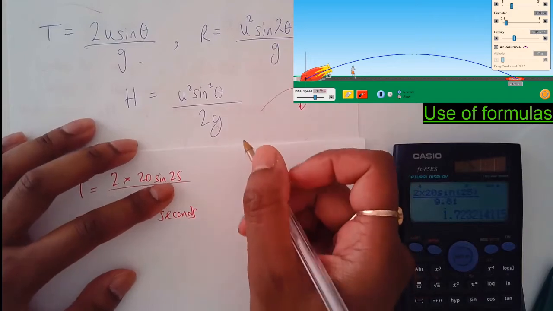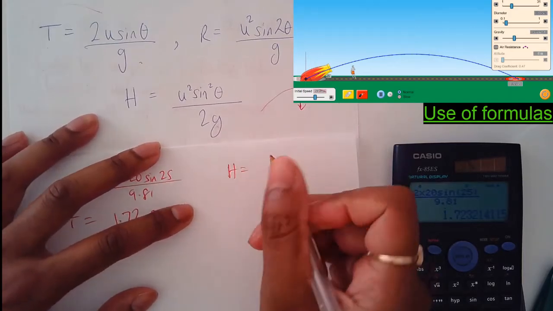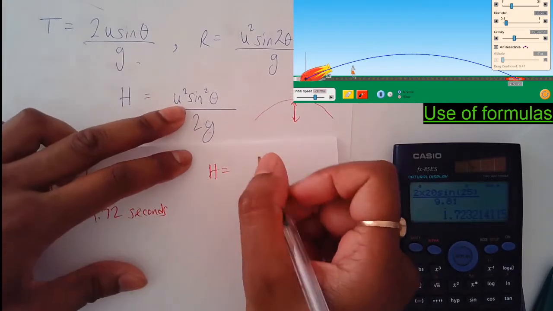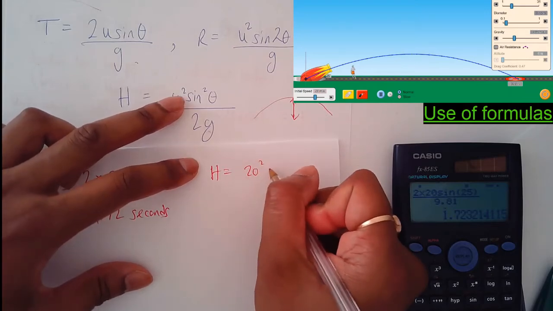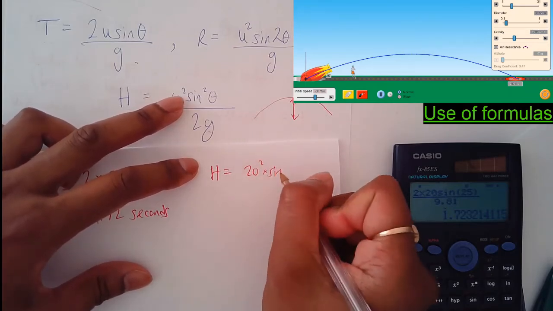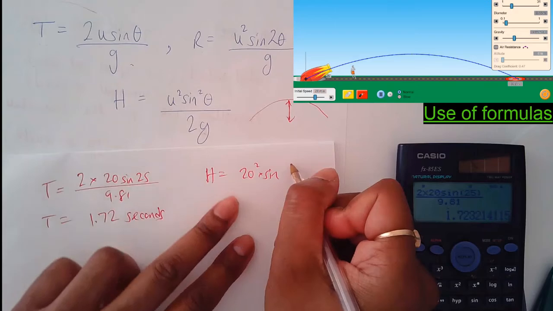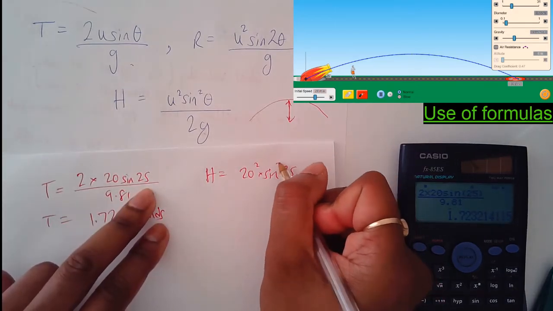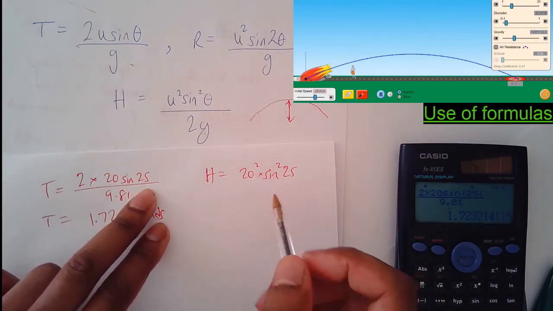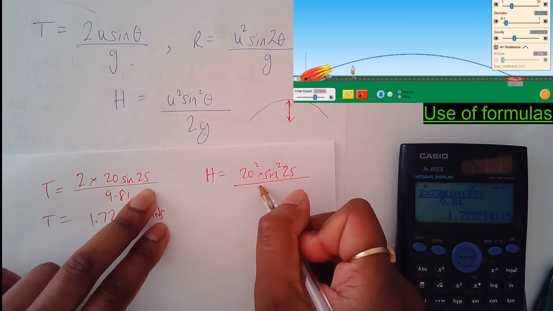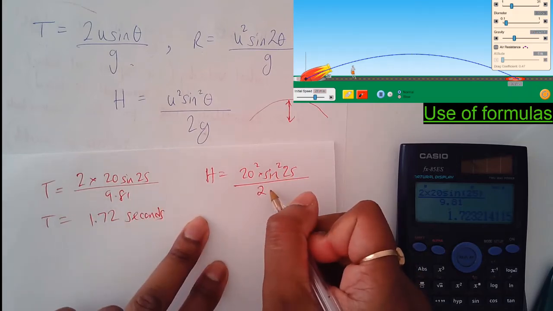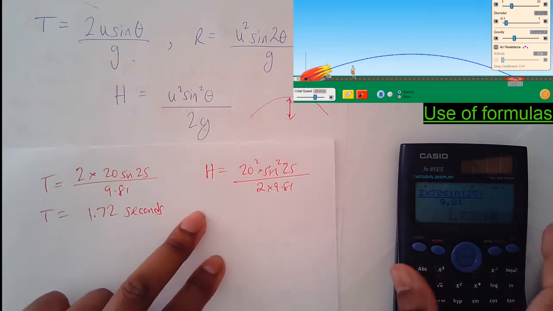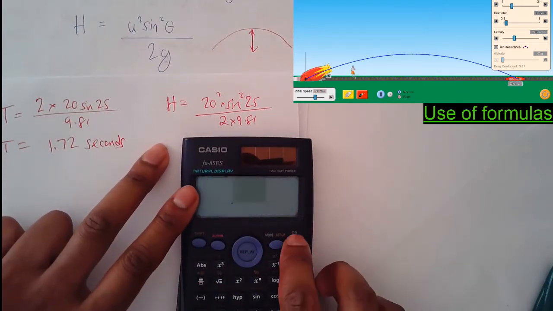And the maximum height, well, initial velocity is 20, so we have 20 squared times sine 25 squared, over 2 times gravity, acceleration due to gravity. Let's work this out.